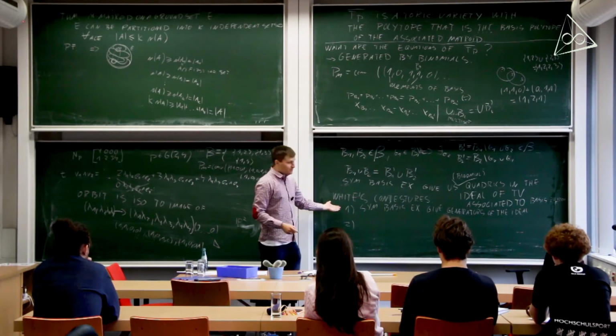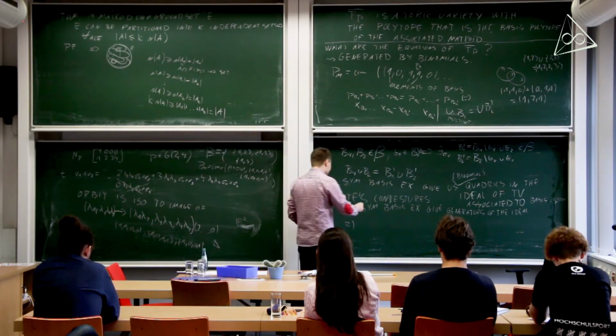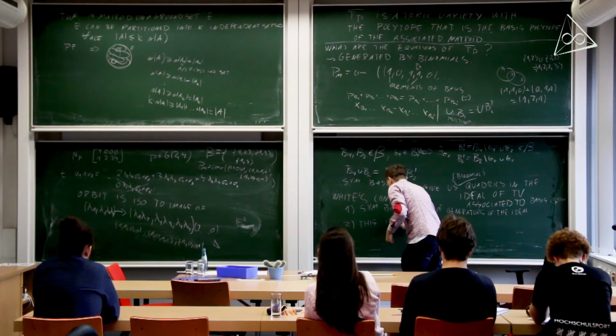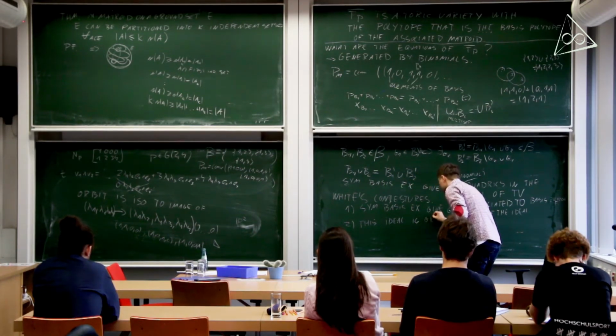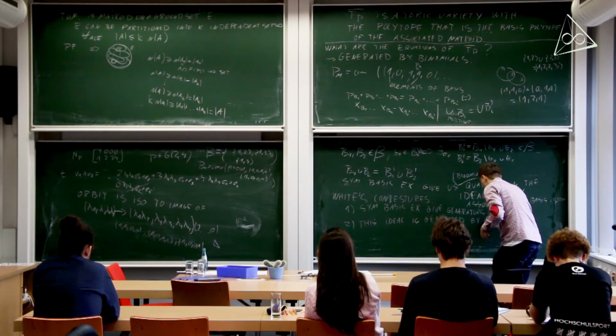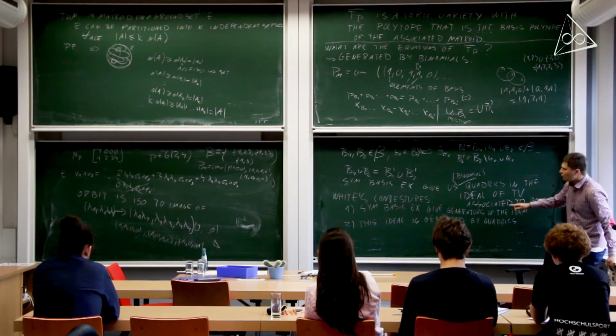And if you think that this one is too hard, you can prove a weaker one, namely that this ideal is generated by quadrics. So we don't even know if they are equivalent.